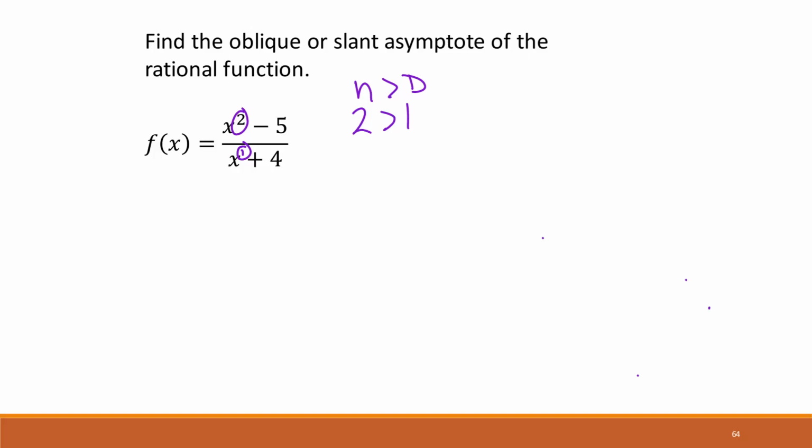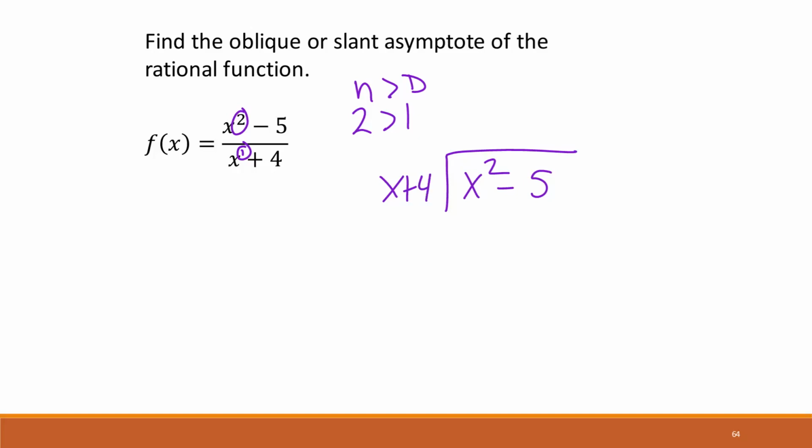So the top is my dividend, x squared minus 5, and we're dividing by x plus 4.